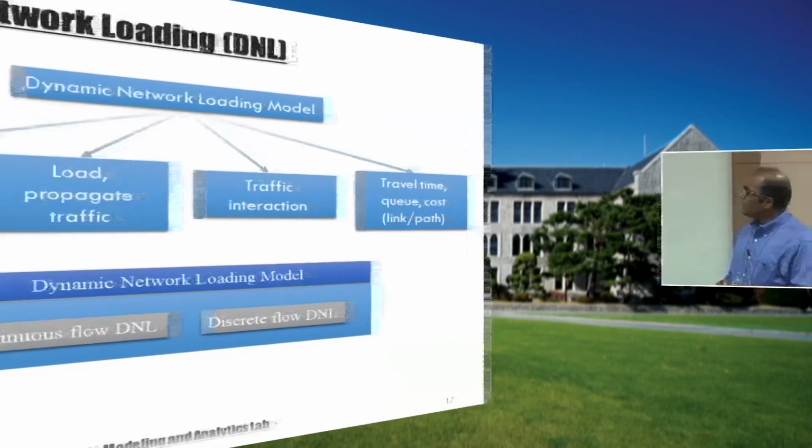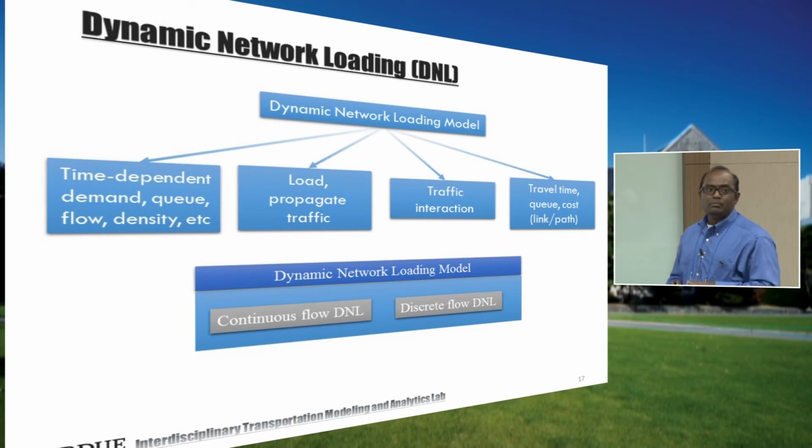So for modeling this dynamic equilibrium, for us to be able to finally model the flow in this network, as I mentioned, we need to have a very good network loading model. A network loading model is something which captures at the resolution that we want, right?